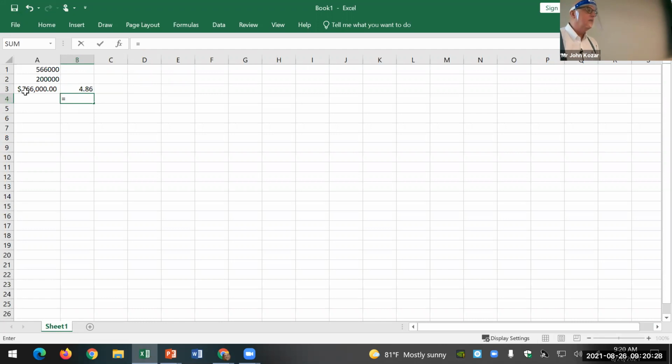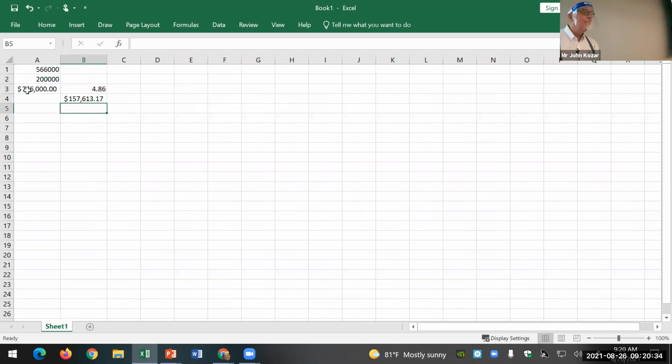If we divide that into this, it's 157,613, but that's not a dollar. This is the number of people.